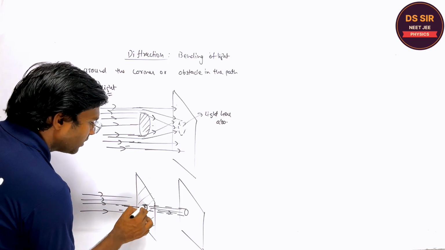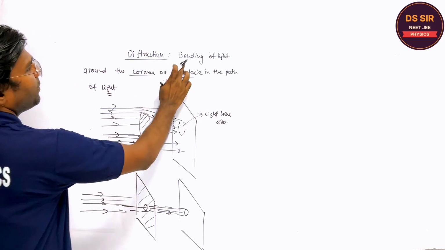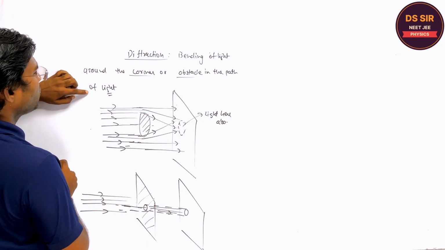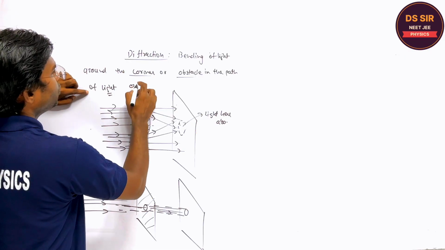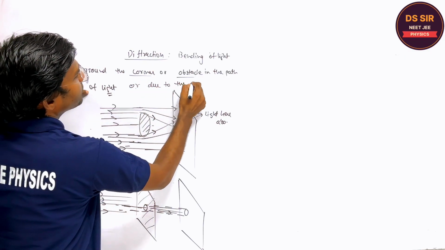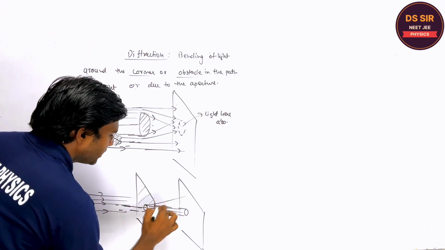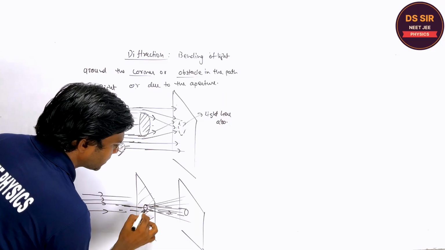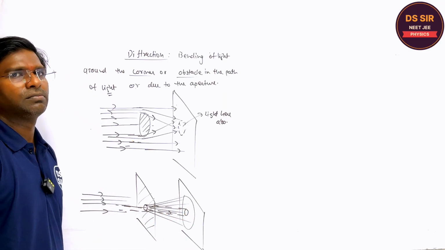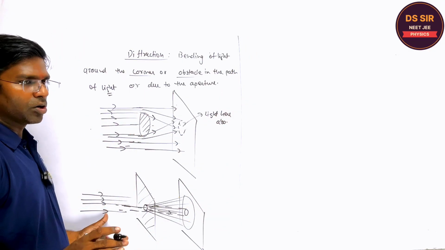But when an aperture comes, there is bending of light around the corner of the aperture, or obstacle in the path of light. If the aperture is there, the light will bend like this, like this, like this. So not only here, you will get the light in this portion. Is it clear or not? Is it clear, Sanjay, or not?